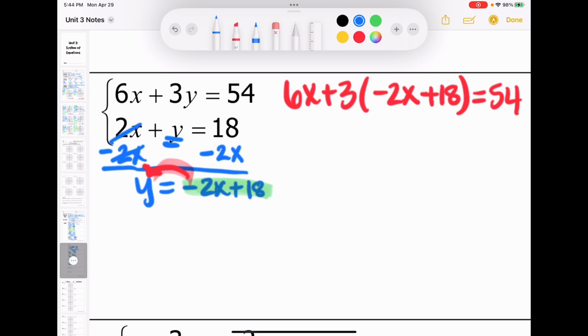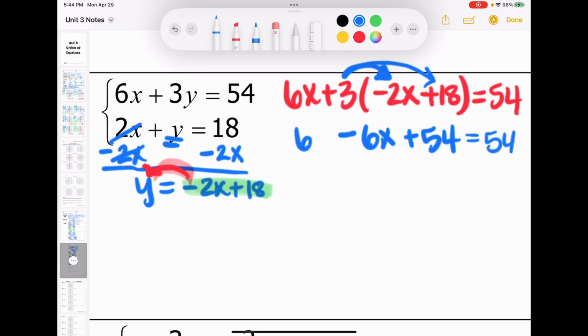I need to get rid of my parentheses, so I'm going to distribute. 3 times negative 2x is negative 6x. 3 times 18 is 54. We want all of our letters to the left and all of our numbers to the right. So I need to move this 54 to the other side.